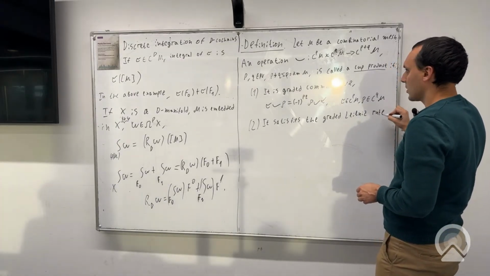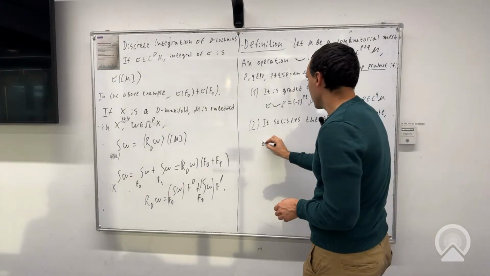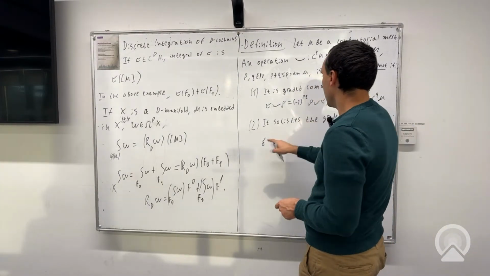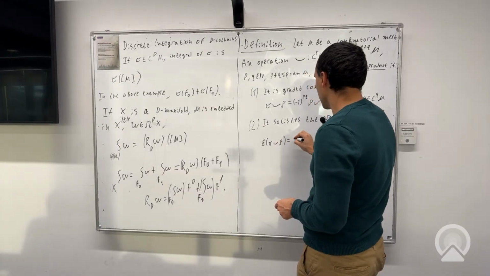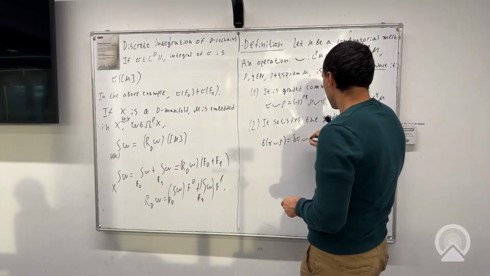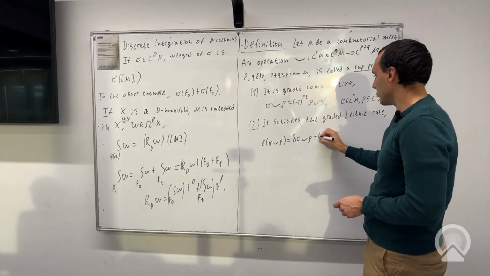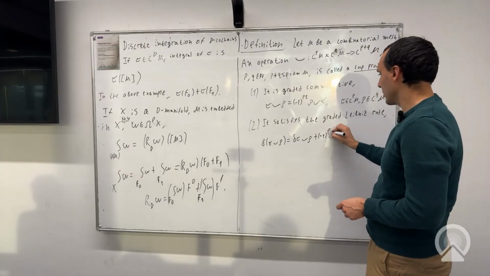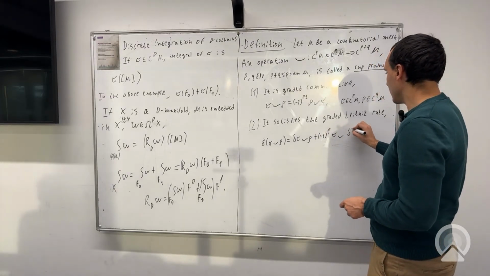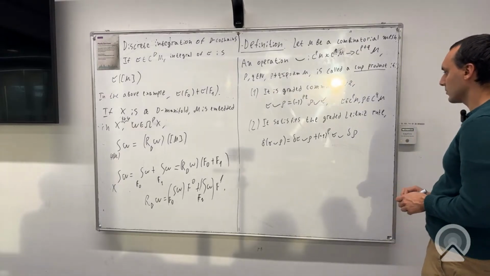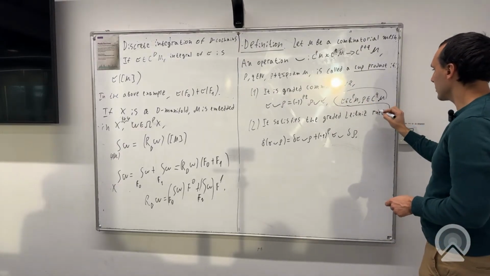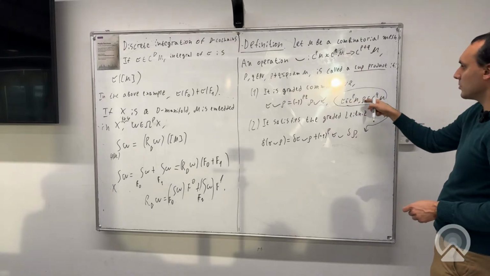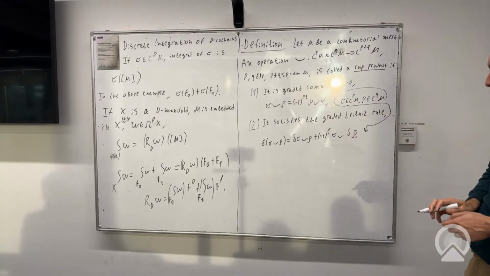So delta of sigma smile rho is delta sigma smile rho plus minus 1 to the power of P sigma smile delta rho. Again, the same thing here, so we have this here as well, for sigma a P form and rho a Q form. Okay.